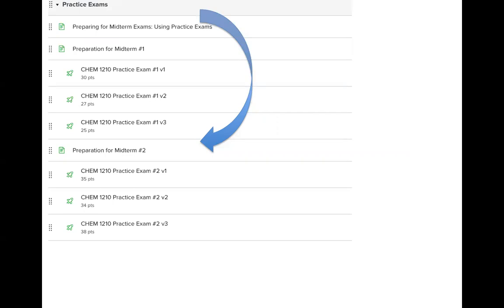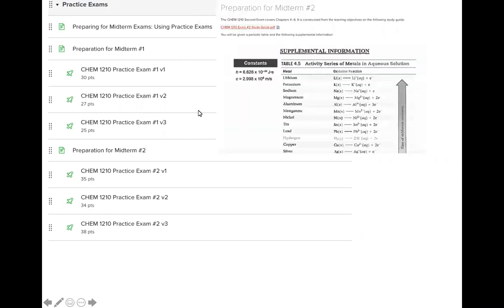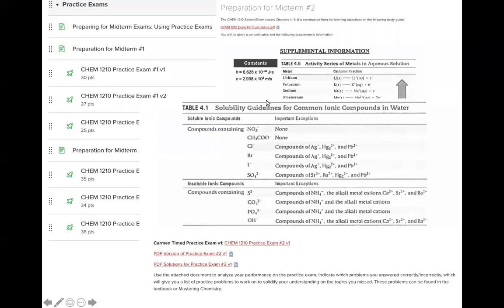I was looking through the details on this, and I think it's really well done. My colleagues have put that together, and I think it's really strong. In the module called practice exams, if you look for preparation for midterm 2 and click on that, it shows you the provided information, like constants, activity series, and solubility guidelines, and it even gives you a worked out solution key and a strategy for going forward from that.